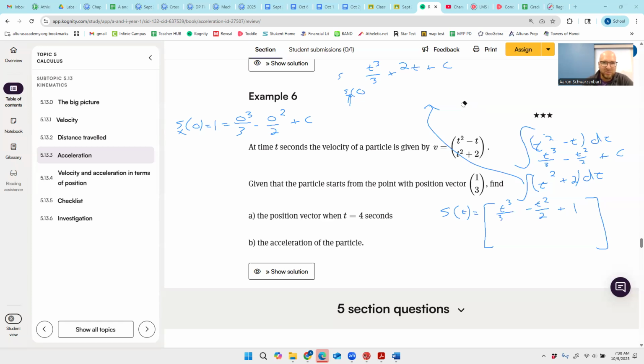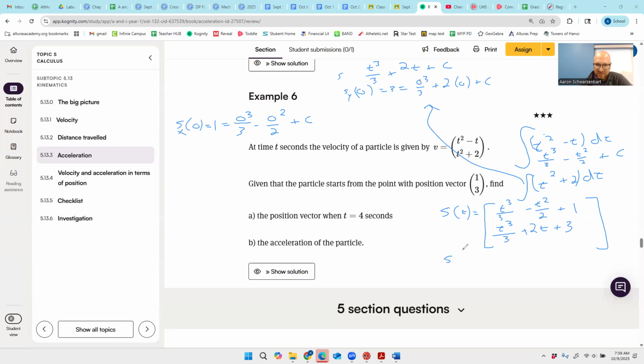Referring to it as s in the y direction of 0 equals 3, which equals 0 cubed over 3 plus 2 times 0 plus c equals 3. So that's my position vector.